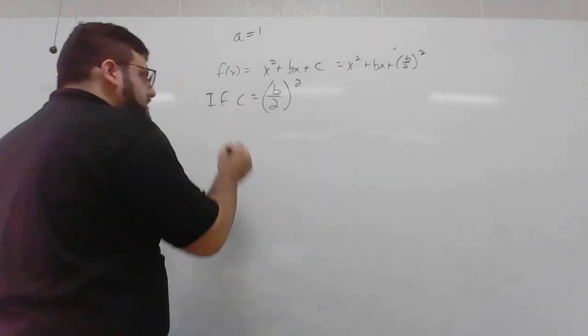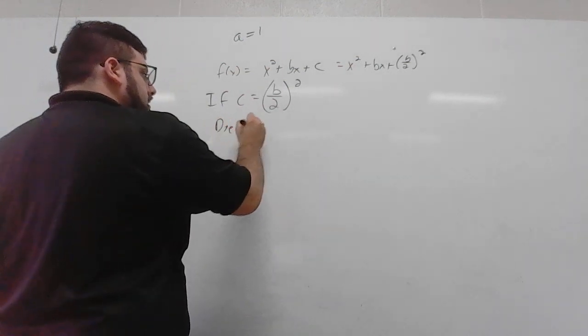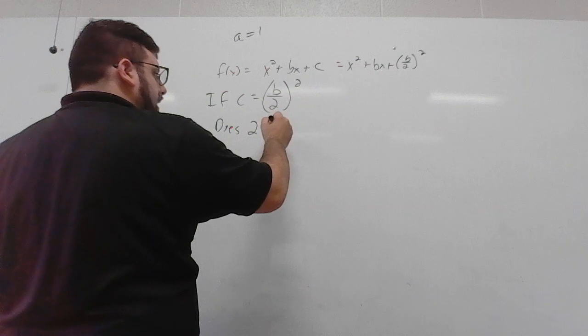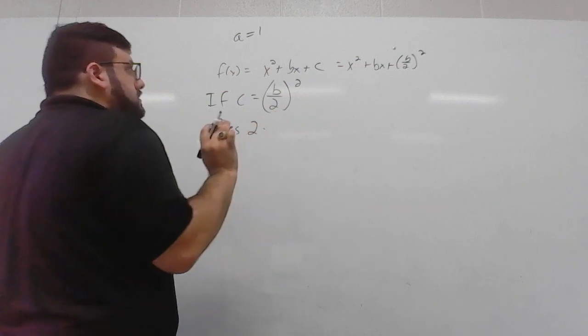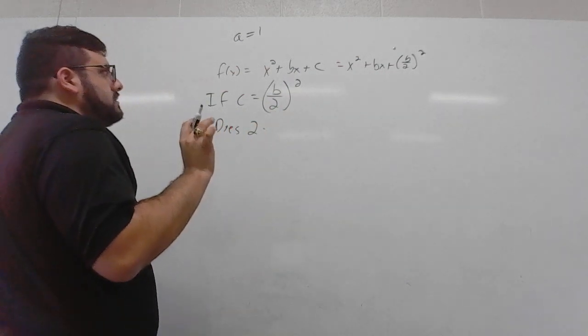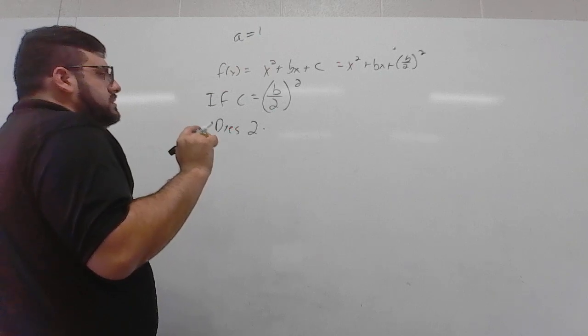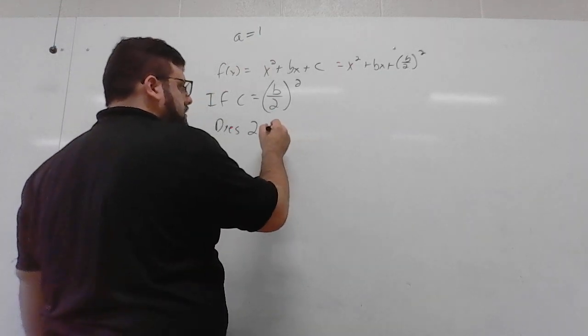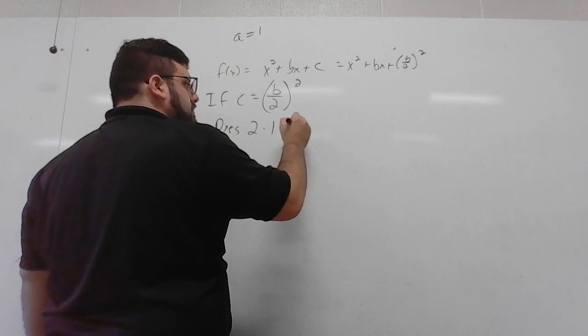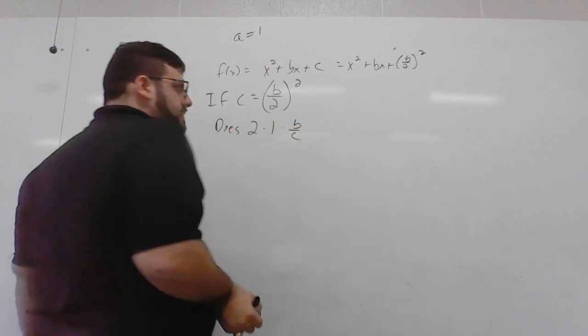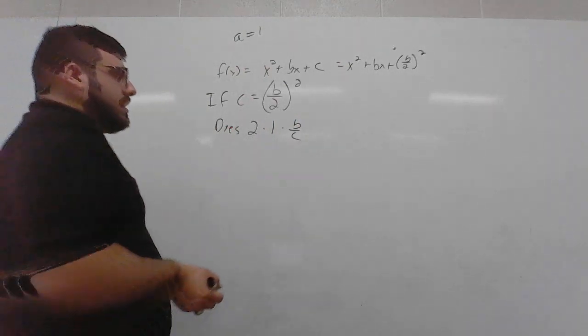Now, the question is, does 2 times my value for a times my value for c equal my middle term?